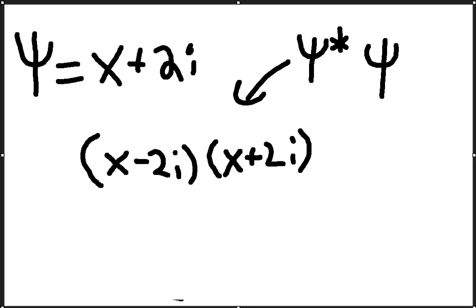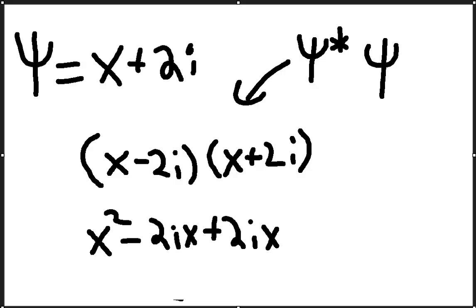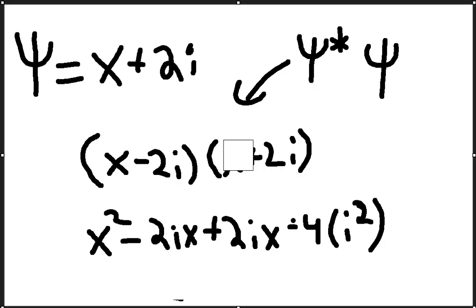Now, if we multiply this in, this would be x squared minus 2ix plus 2ix, and then minus 4 times i squared. But obviously i squared is -1, so this bit goes away, and our -4 becomes +4.